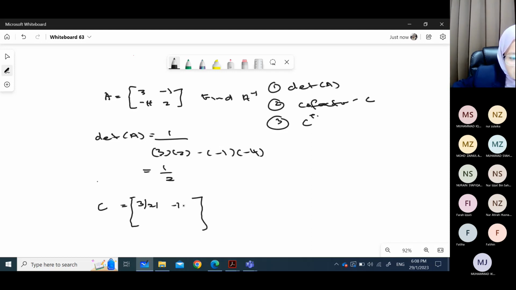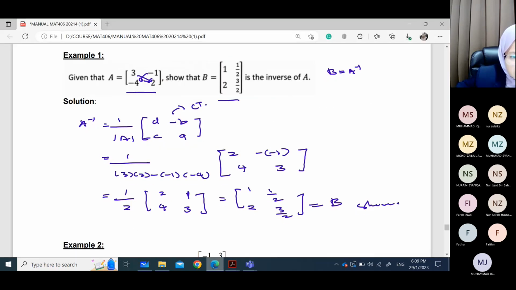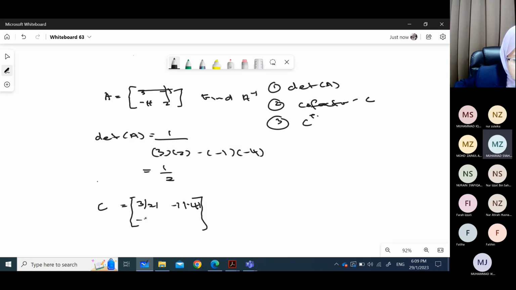Kita ambil negative 1. So kita eliminate for this one. So kita dapat negative 4 dekat situ. So find the determinant of negative 4. Untuk yang seterusnya, dia adalah negative 4. Kita eliminate for this one. Then you akan dapat atas ni negative 1 kan? Macam tu negative 1.